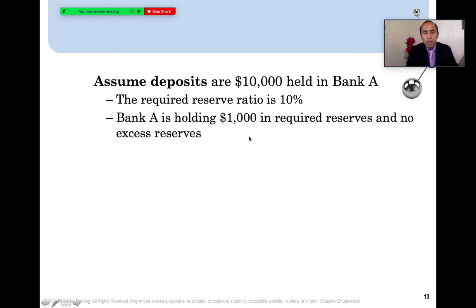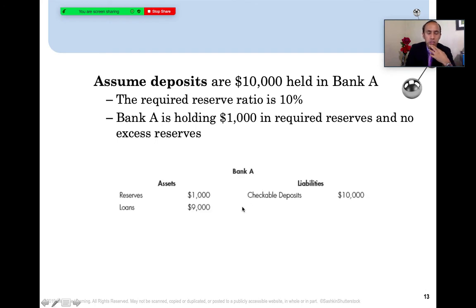So right now it has no excess reserves. So we have the following situations. The checkable deposits are $10,000, and out of those $10,000, we have reserves that are going to be kept as $1,000.